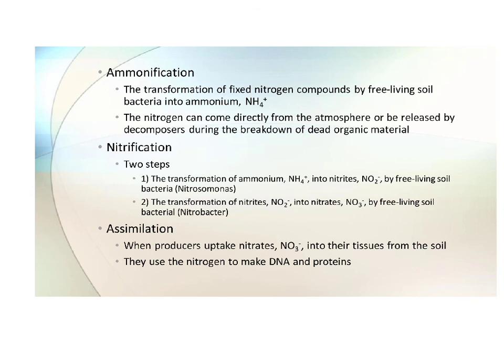So another step in the nitrogen cycle, and again, don't panic because we're going to go through all of this in class, and we're also going to go through it briefly here in the presentation on a picture. Ammonification is the transformation of fixed nitrogen compounds by free-living soil bacteria into ammonium, and we talked briefly about that on the last slide.